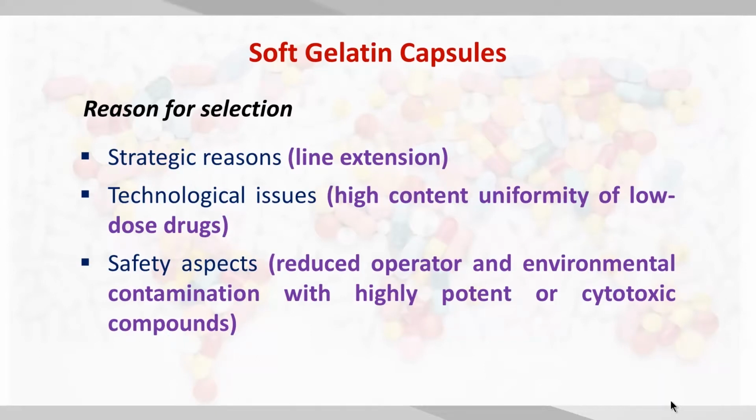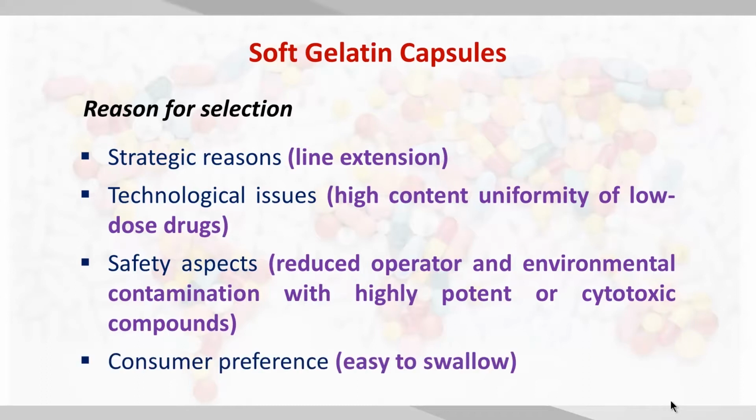Formulation of a drug in soft gelatin capsule reduces the operator and the environmental contamination with highly potent and cytotoxic compounds. The last reason could be the consumer preference. In comparison with the tablets and the hard gelatin capsules, soft gelatin capsules are easy to swallow. So, it could be a good reason for the selection of a formulation as a soft gelatin capsule.